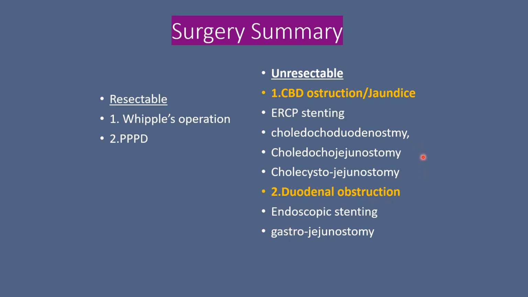These three procedures can be done either by open surgery or laparoscopically. If the duodenum is obstructed, which is less common, then endoscopic stenting is the treatment of choice, as I mentioned just now. Failing which, you can do a gastroduodenostomy, thereby bypassing the duodenum.